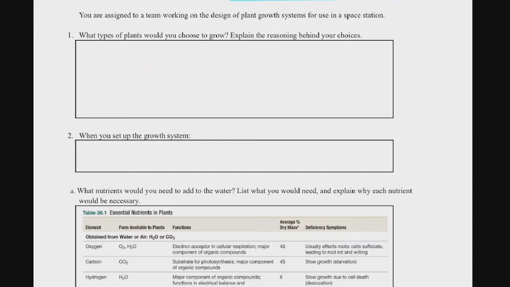So the example that I'm going to use to demonstrate is that it makes sense to grow plants that produce a high ratio of edible to inedible plant matter.